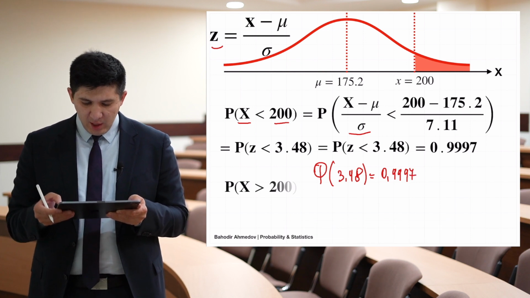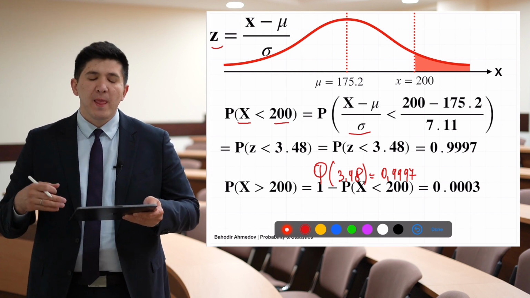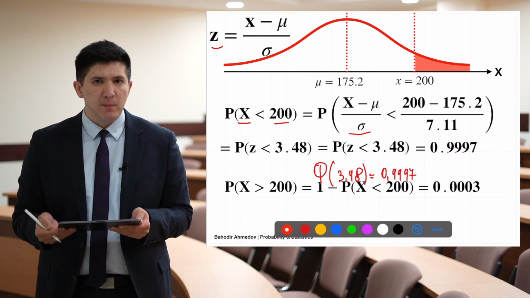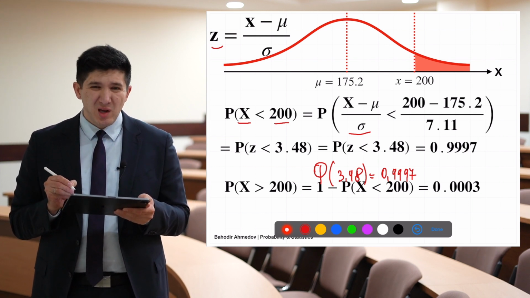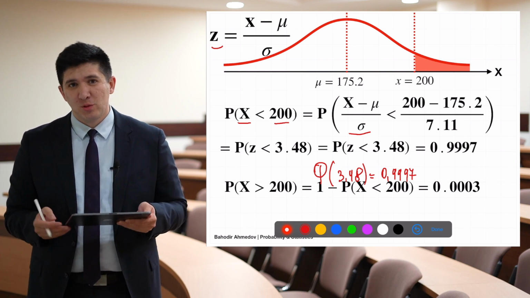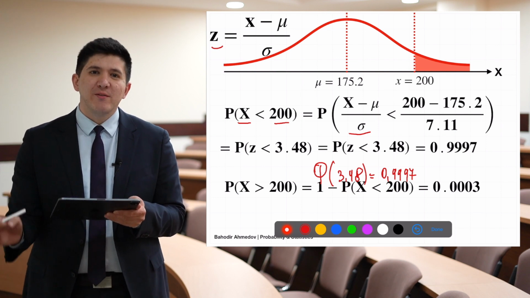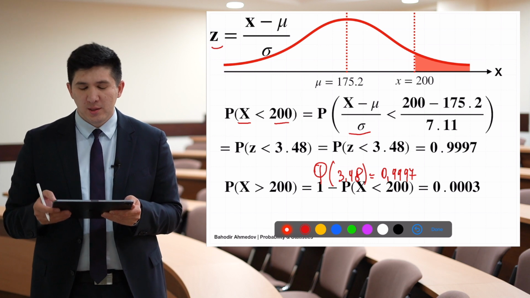So please note that if you would like to find the probability that x is greater than 200, it is going to be equal to 0.0003. Okay, so actually, only 0.03% of the males cannot go through these doors. So it's a really tiny percentage. So it's totally safe to make the height of the doors equal to 200 centimeters.